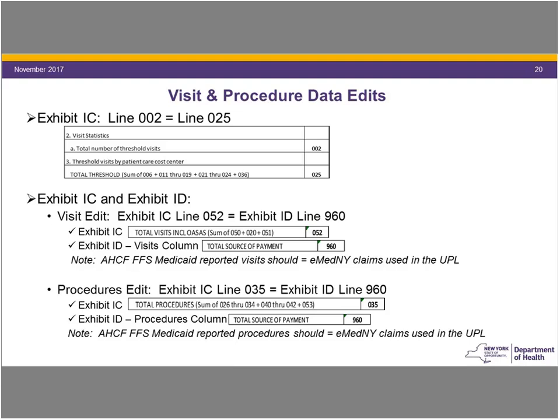So if you look at all those rate codes that we said are used in the UPL, that's the Medicaid number that should be showing up on 1D. Works the same with the procedures. We're editing between the patient care services and the total procedures by payer. And the Medicaid reported procedures should equal your eMedNI.